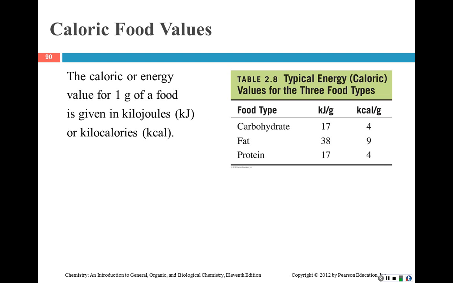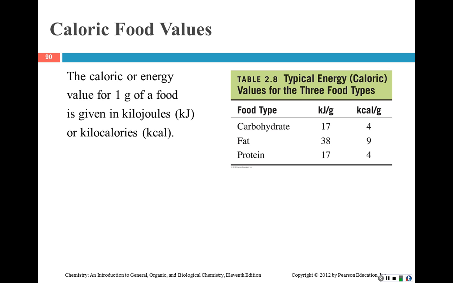The caloric value, or the energy value of food, is given in kilojoules or kilocalories, as we said, and so we look at the energy that we can get from food in kilojoules per gram. And so that gives us the caloric value. You can also do it in kilocalories or big Calories per gram.